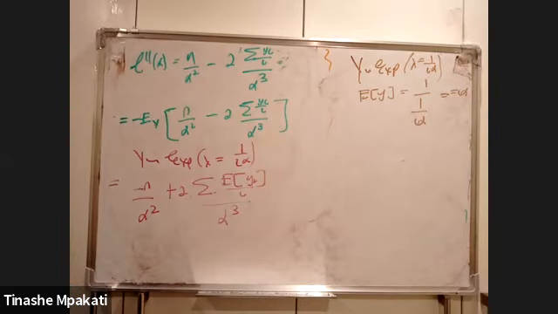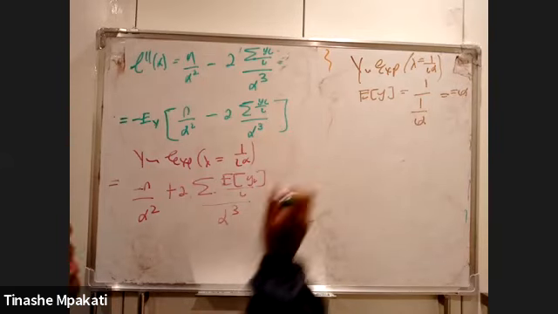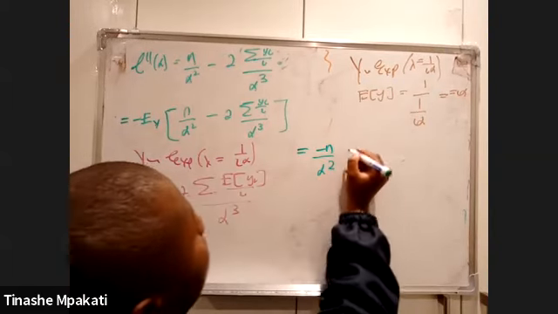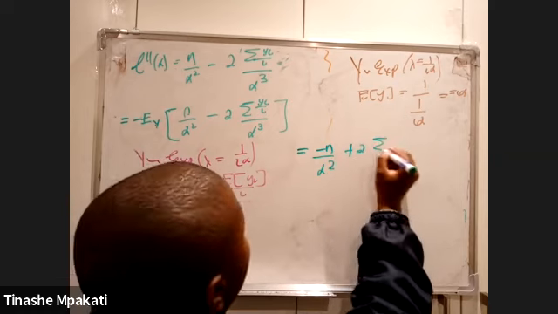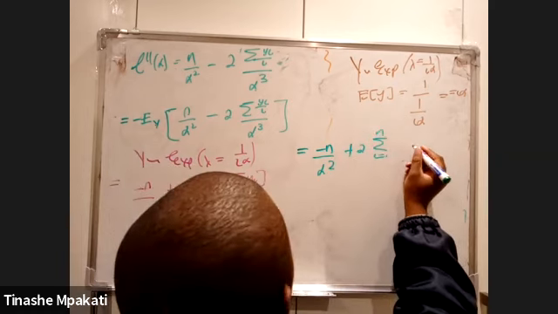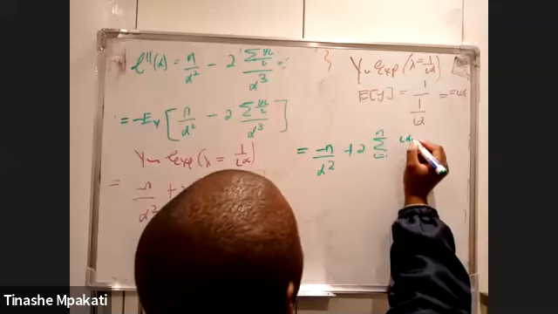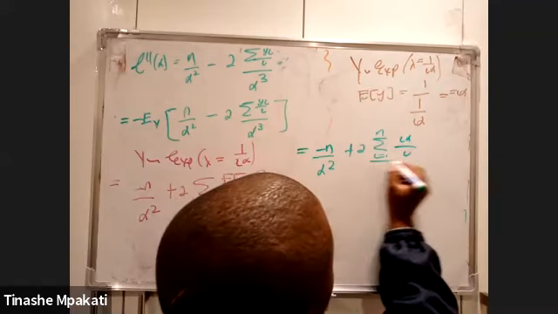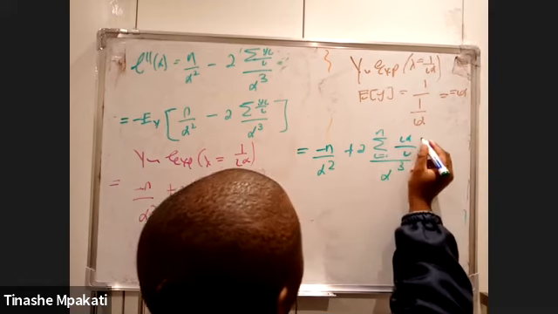So to continue from there, you would find that this just becomes minus n over alpha squared plus 2, the summation of I equal to 1 to n. The expectation will become what? We said I alpha, right? And then we have this divided by I and divided by alpha to the power 3.